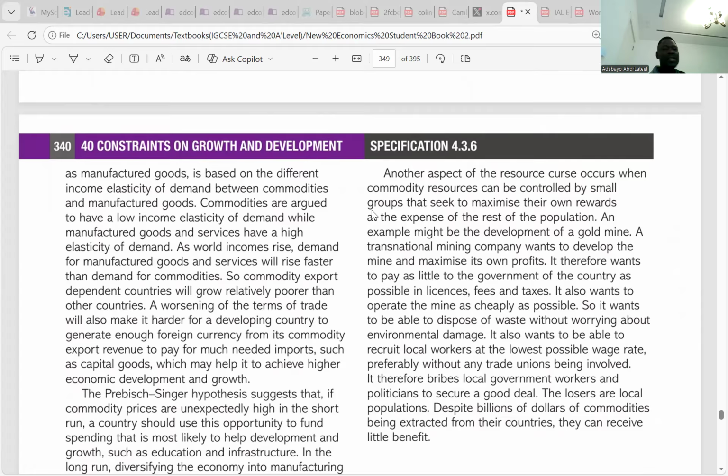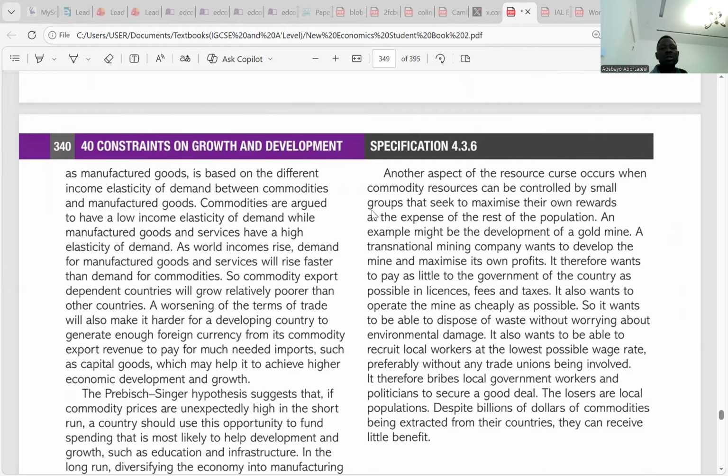People prefer to buy services. People prefer to buy finished goods than raw materials. So which simply means the demand for raw materials is price elastic and income elastic. As a result, countries that mostly rely on primary products are vulnerable when it comes to terms of trade. I think it's making sense there.